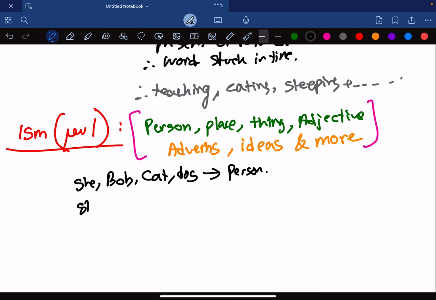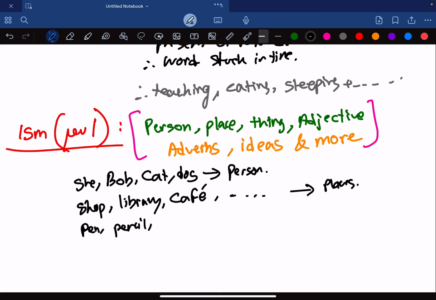We can say shop, library, cafe, and so on. These are places. Things: pen, pencil, phone, books. That's not a very good example as students, but there you go, right? These are things. Adjectives.